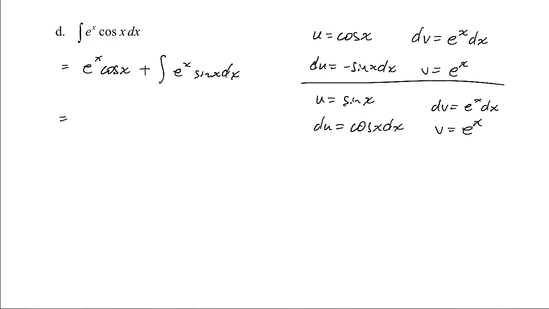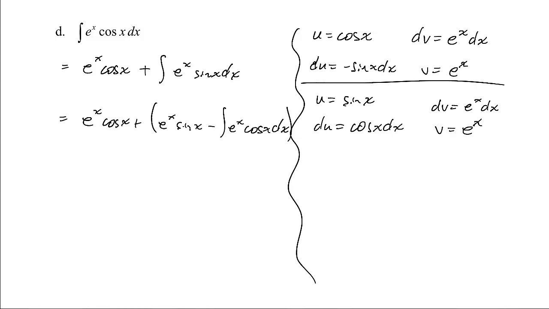So let's see, I have e to the x cosine of x plus, now I'm doing the integration by parts of my integral, so uv, so e to the x sine of x minus the integral of v du, so the integral of e to the x cosine of x dx.